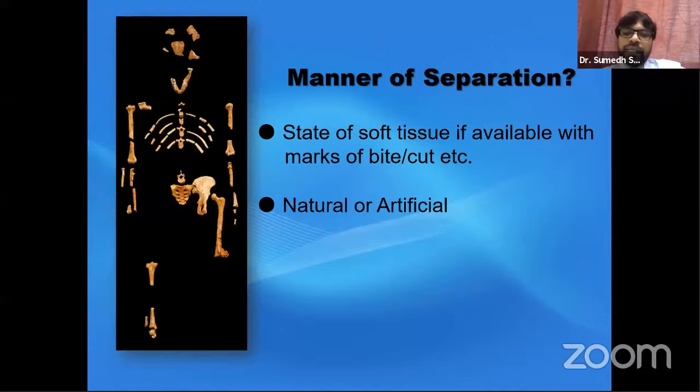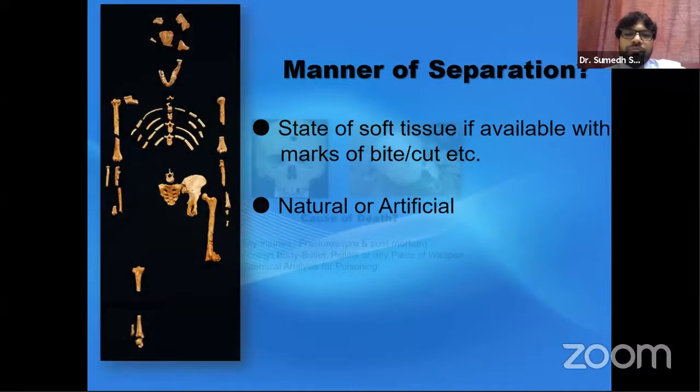And if the soft tissue is available with certain marks of bite, cut, or gnawing, that is bite marks of certain animals, that indicates artificial separation, because some animal has separated these bones to eat the flesh of that individual. So again, you will have to identify whether it is natural or artificial.